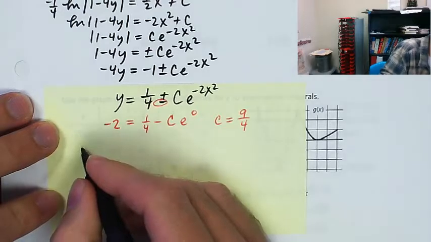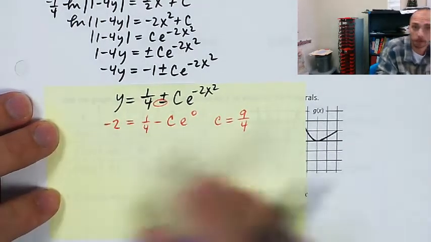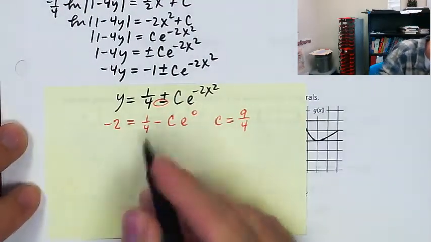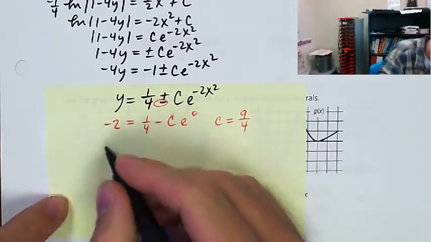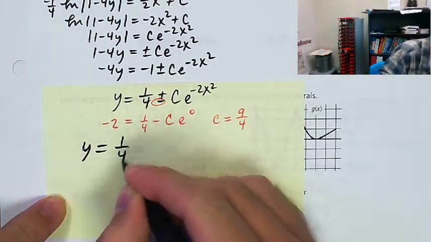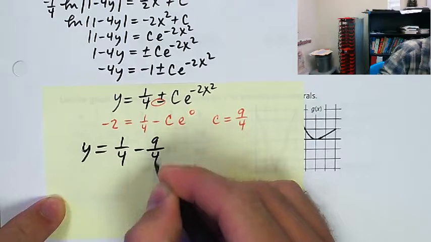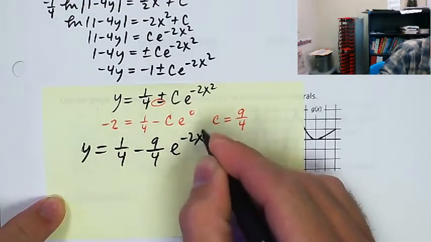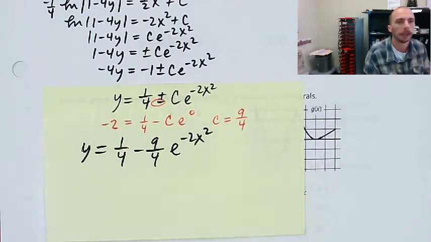And so my equation for f of x, or y, you can either write y equals or you can just write f of x equals, whichever you like. So I'm going to say that y is equal to 1/4 minus 9/4 e to the negative 2x squared. Okay?